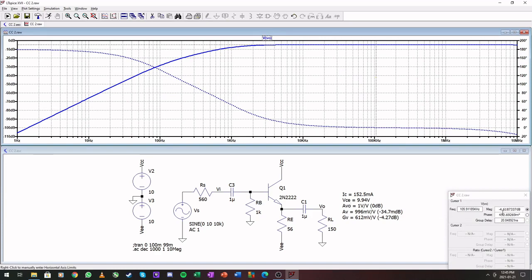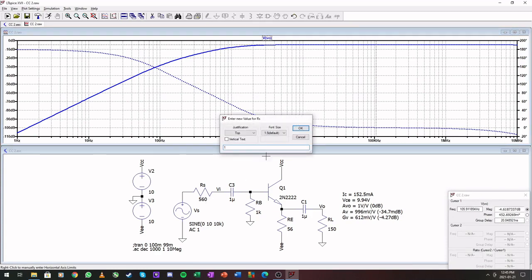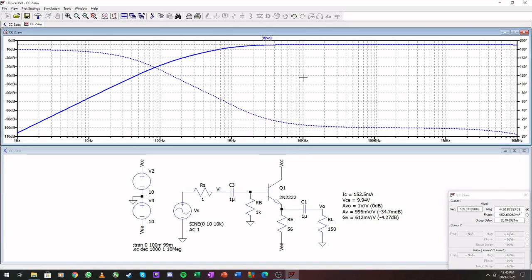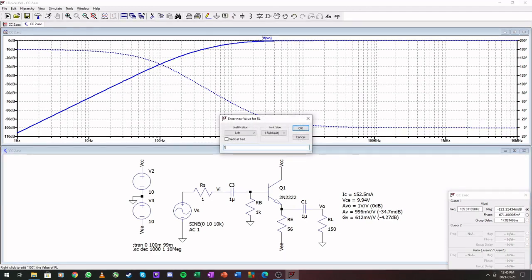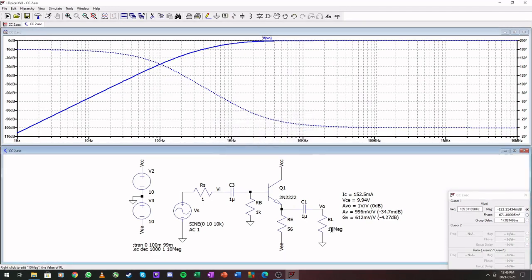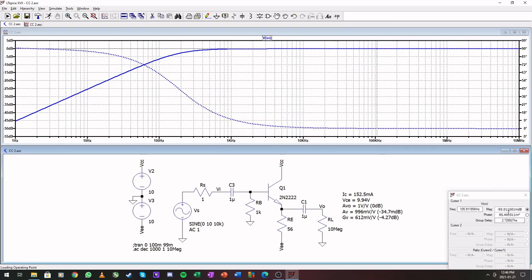We have our minus 4.6 decibel drop for GV, and if we make this 1, this will become a very small value, and if we increase this, it should even decrease further.